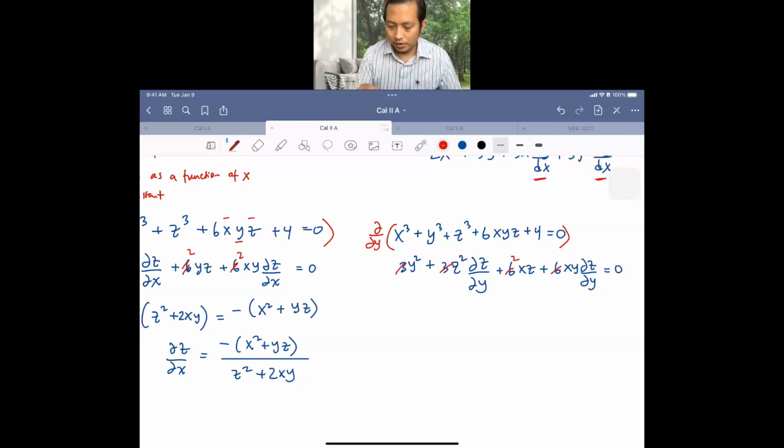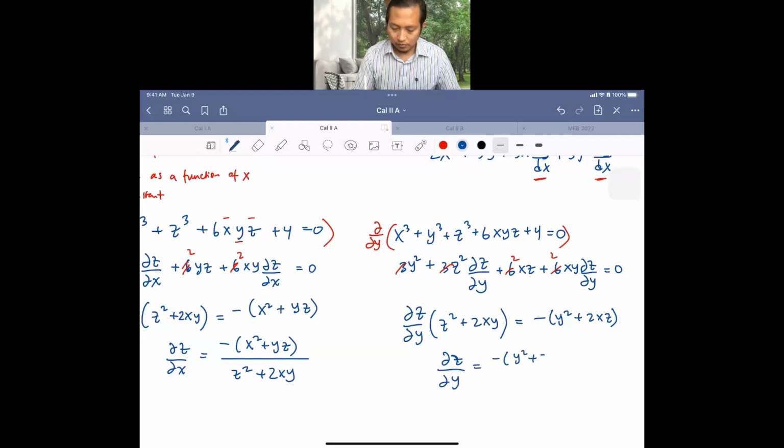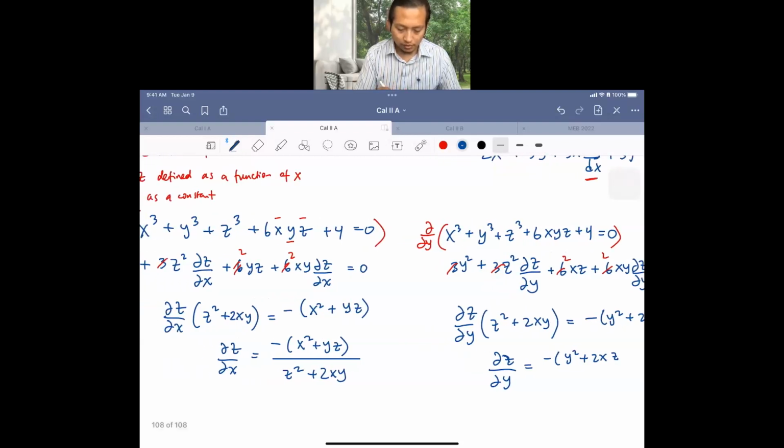We will have similar equations. Oh, this is 2, sorry.